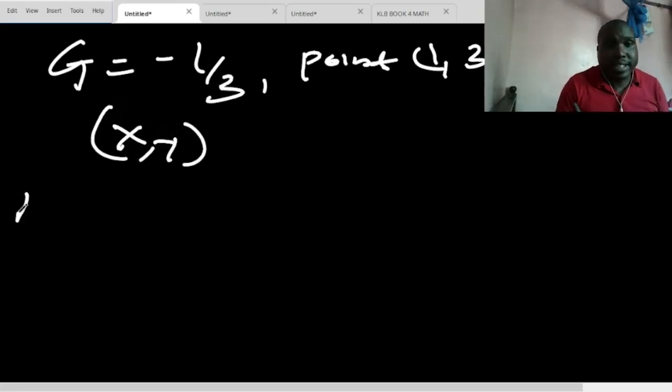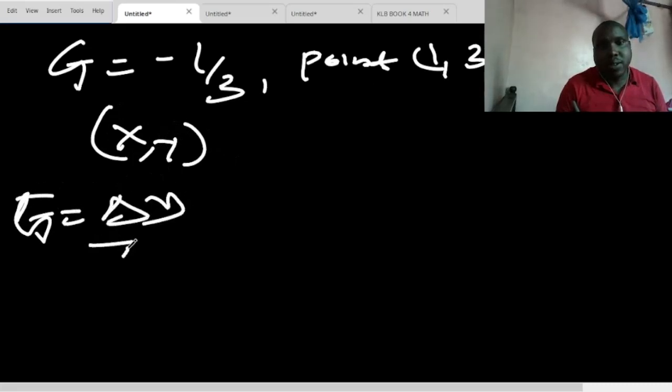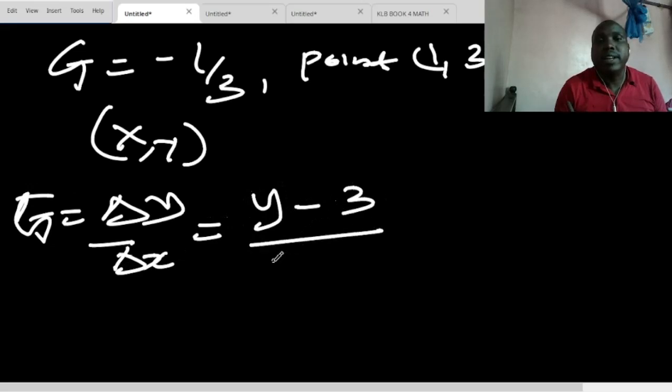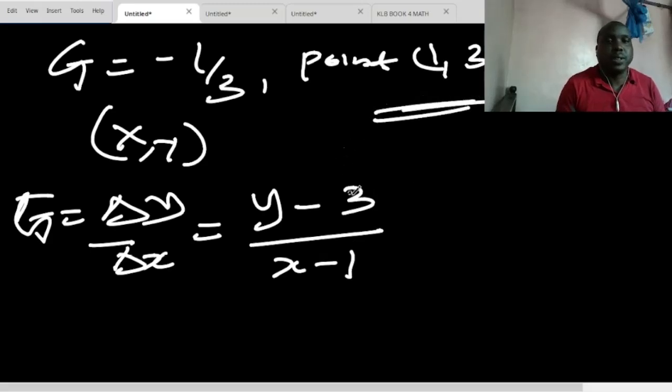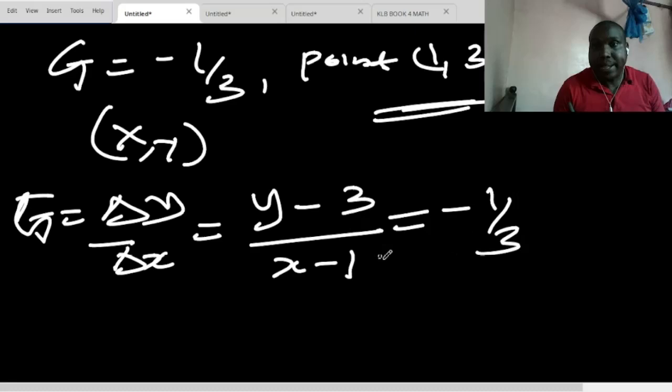So you know, gradient is equal to change in y over change in x, which is equal to (y - 3) over (x - 1). 1 is this point. This is the point we are using. And this one will give us the gradient, which is negative 1 over 3. Now from here, you cross multiply.